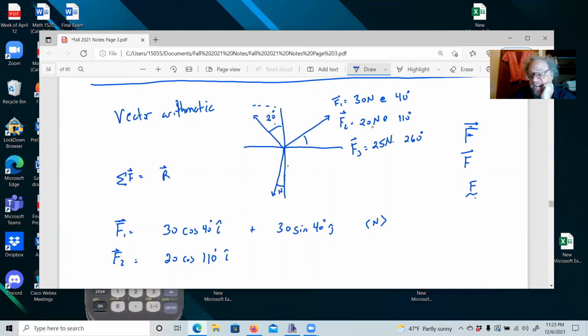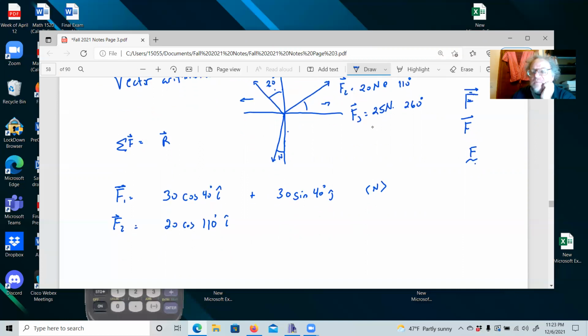I also have to put a negative sign in front of it because it's going this way as opposed to that way. So be careful with your orientations, be careful with how you're writing your angles. Okay, so plus 20 newtons times sine of 110 degrees j hat, and again, everybody's in newtons.